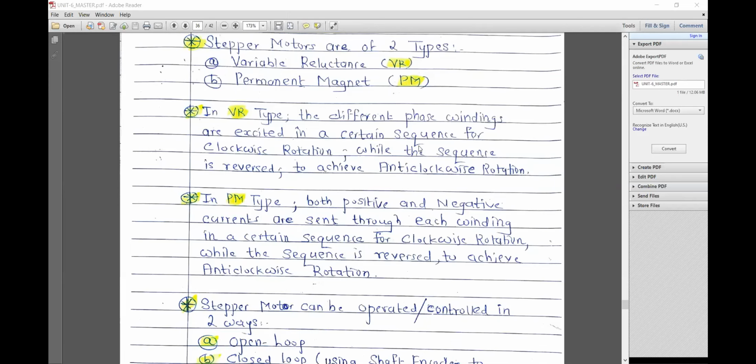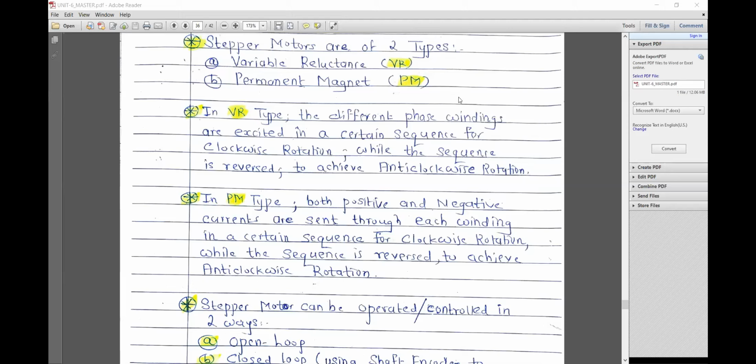And in permanent magnet type, in the same windings, if I want the motor to rotate in clockwise direction, then I will send positive currents through all the four windings W1 to W4. And when I want to reverse the direction, I will reverse the current direction.